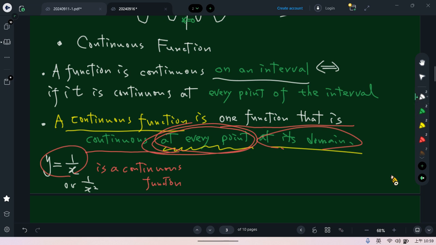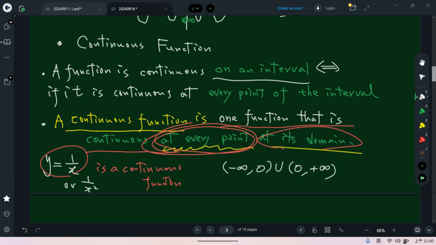It will be negative infinity to 0, not including 0 itself, union 0, not including 0, to positive infinity. So you can see 0 is not included in its domain. Of course, we don't need to check if 0 is continuous for 1 over x. Understand that?